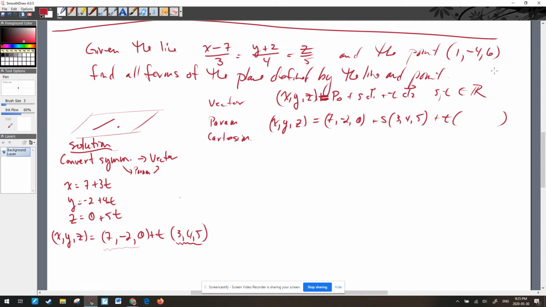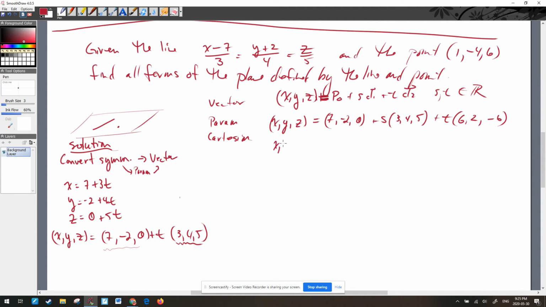And so I know that I'm going to want it to be positive. So I'm going to go from 1, -4, 6 to 7, -2, 0. So to go from 1 to 7 is up 6. To go from -4 to -2 is up 2. And to go from 6 to 0 is down 6. Now, unfortunately, I thought I was being smart, and it was better than having a negative, but this isn't in lowest terms.